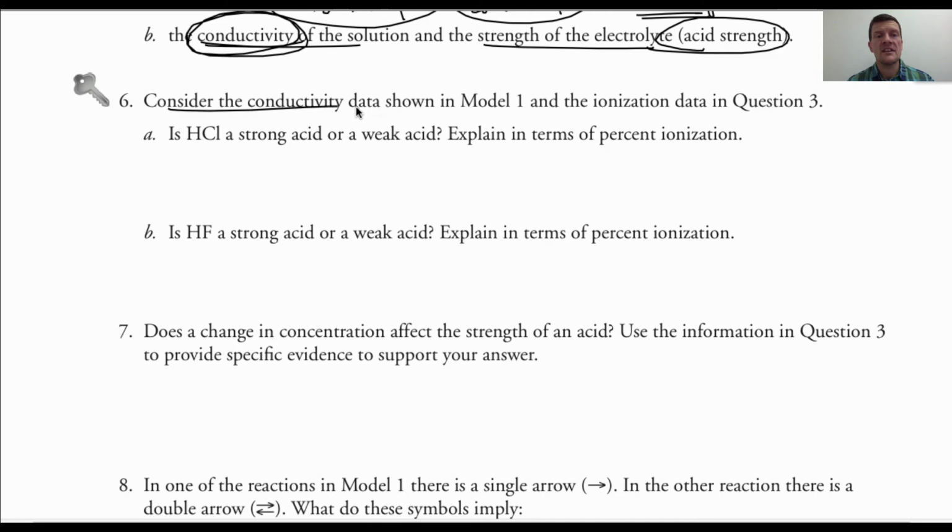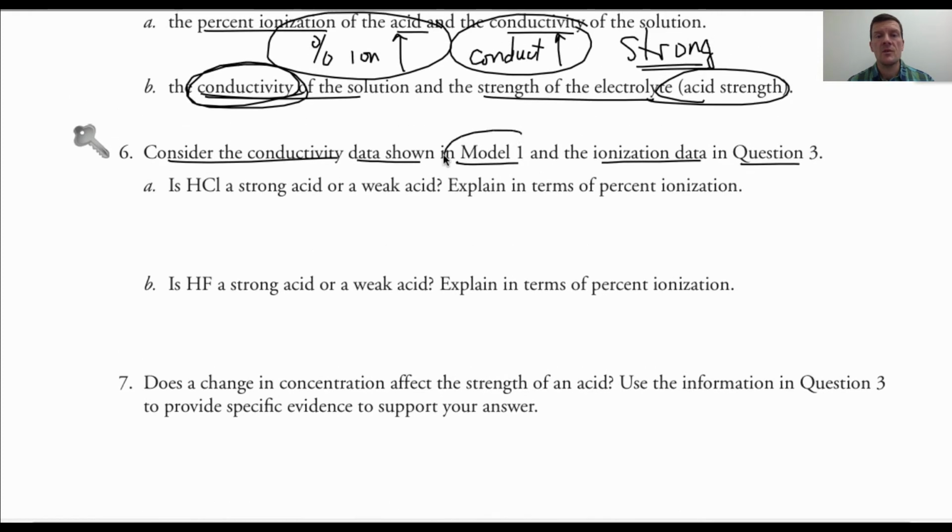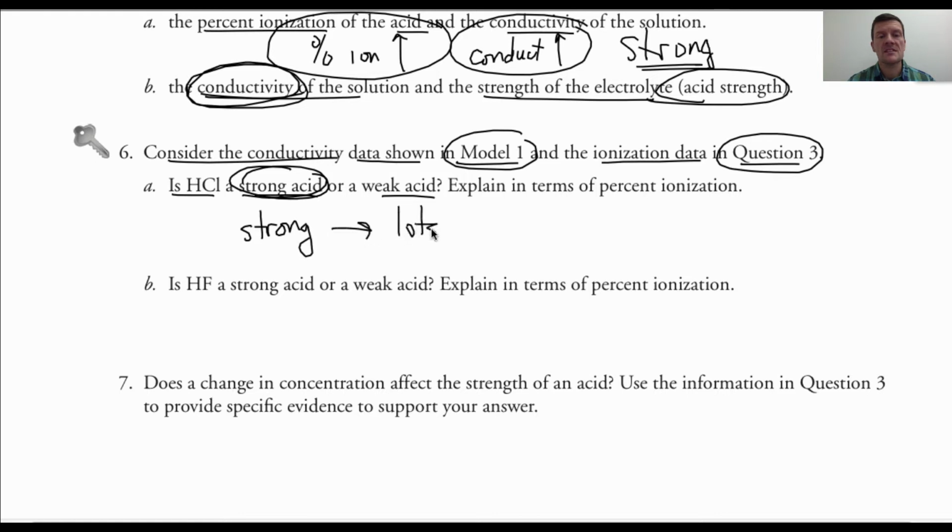Consider the conductivity data shown in Model 1 and the ionization data in question 3. Is HCl a strong acid or weak acid? It is a strong acid. And how do we know? A strong acid forms lots of ions.